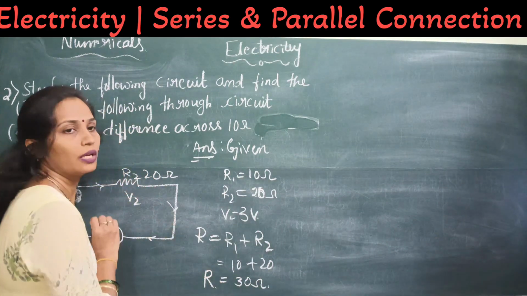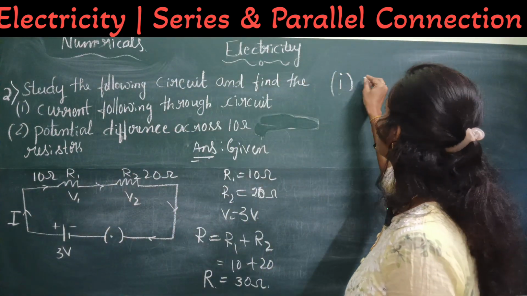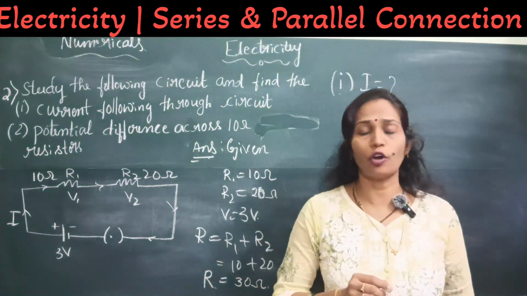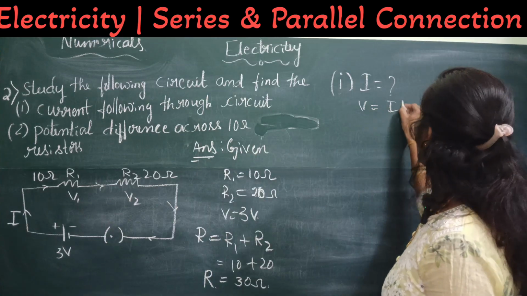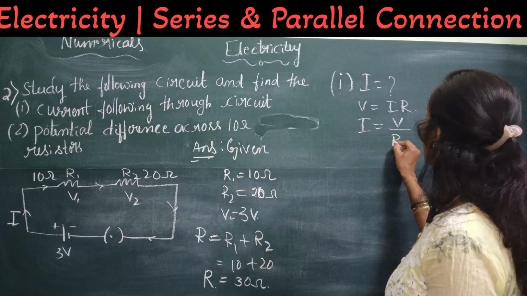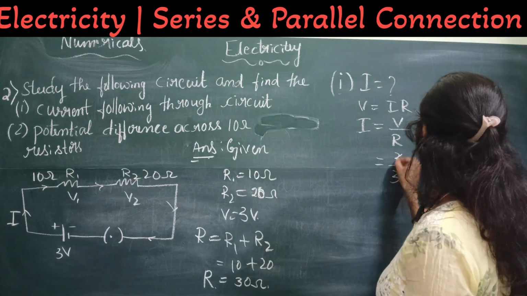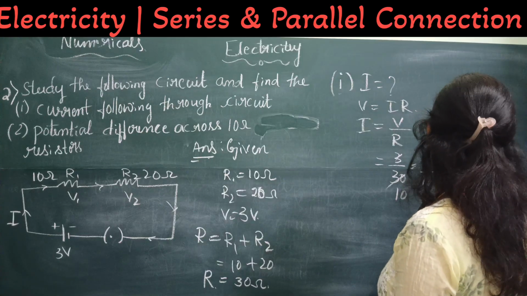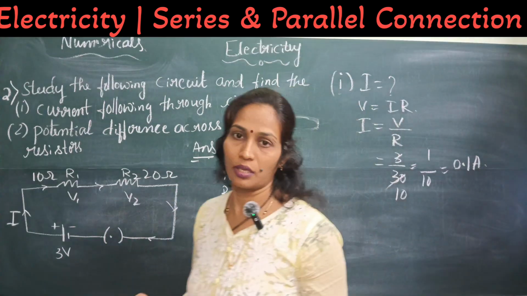So, R is how much? 30 ohm. Now, let's calculate the first part. That is I. We don't know I. What is the formula for Ohm's law? V is equal to IR. Correct? So I is equal to V divided by R. What is V, guys? 3 divided by 30. 3 ones are 3, 3 tens are 30, so 1 divided by 10. That is equal to 0.1 ampere. So the first one got finished, correct?